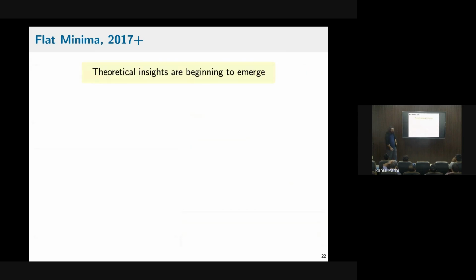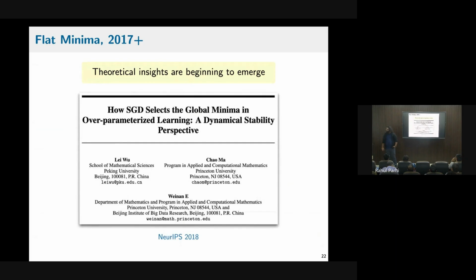Okay. So now, theoretical insights are beginning to emerge to understand this phenomenon of, are flat minima actually good? So there's this cool paper in 2018 from Weinan E's group about how gradient-based optimizers actually select solutions based on this idea of dynamical stability. So they looked at the gradient descent iteration as a dynamical system and asked, okay, what solutions are stable for this dynamical system, and related the stable solutions to notions of flatness or sharpness of the loss landscape.